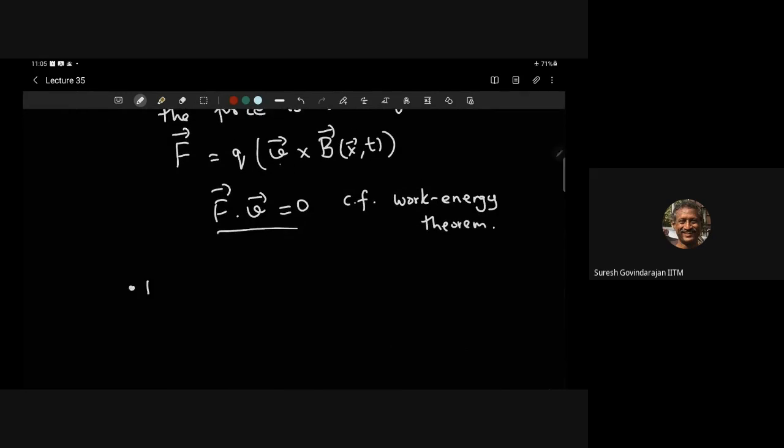And then Maxwell's equations show that it couples the electric field and the magnetic field.